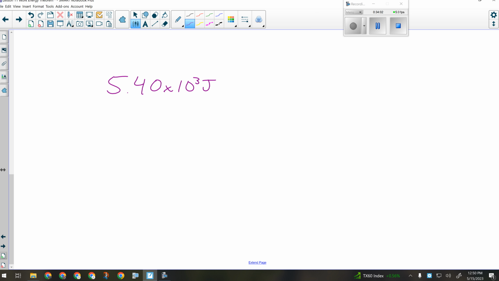Proper scientific notation means I have a base number that's between 1 and 9.9, and then I put on it however many powers of 10 I've multiplied it by to get that. So in this case, this number is not 5.4. It's 5.4 times 10 to the power of 3. What's 10 times 10 times 10?